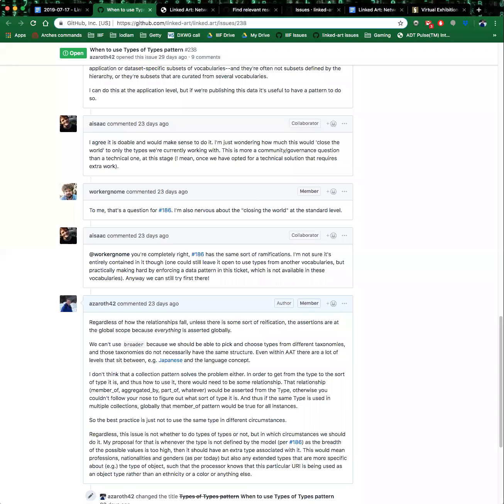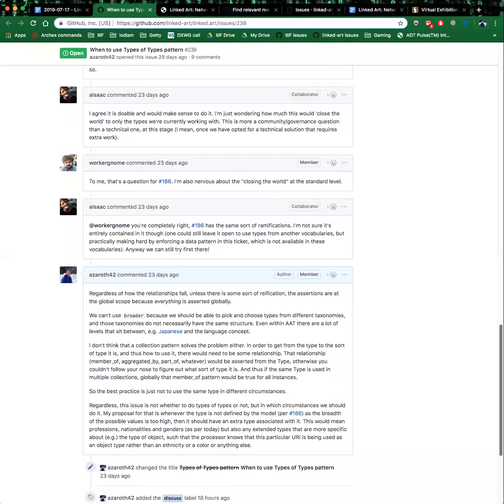Yes, but I think the same holds. If we say that materials is narrower than statements, we have completely messed up the AAT hierarchy. Right.